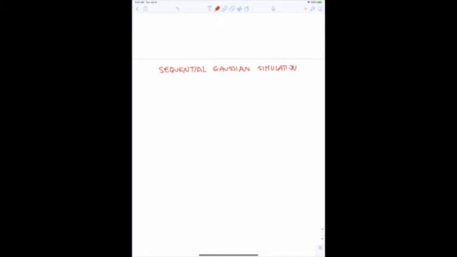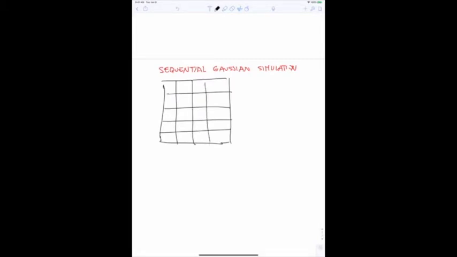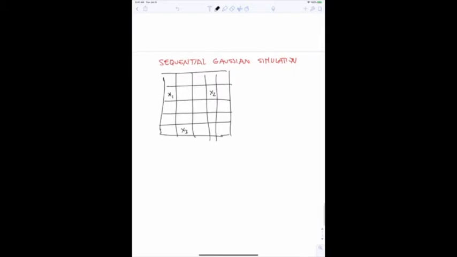So I'm going to try to draw a simple grid, let's say 5 by 5, for example. Okay, let's say that we have some measurements, x1, x3, x2. So the first thing to do is to determine a random path that visits all the cells.